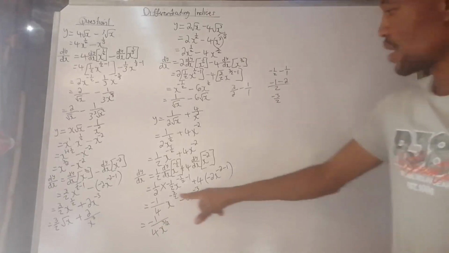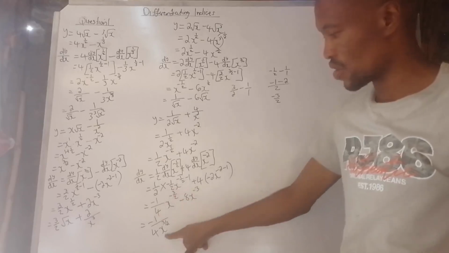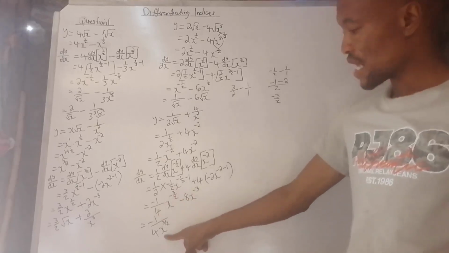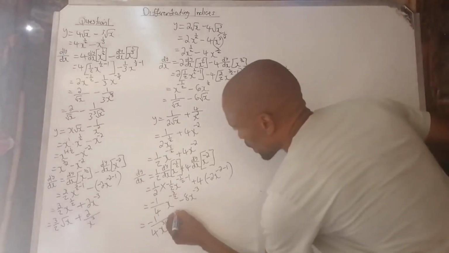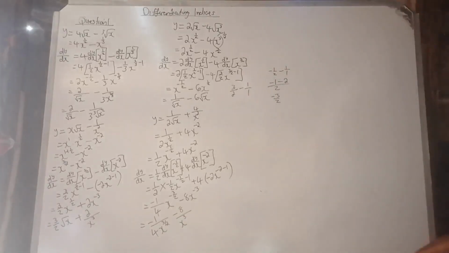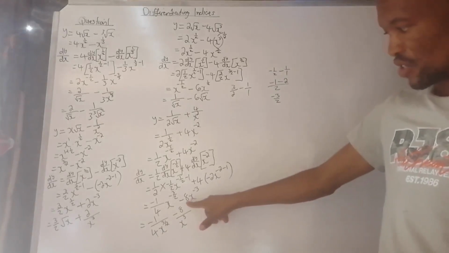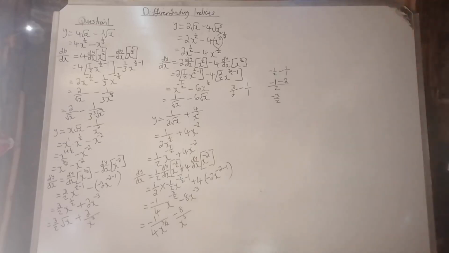Very important. Negative 1 over 4 as a denominator. Bringing this to the denominator, the exponent becomes positive. And a negative 8 over x to the exponent of 3. I have my negative 8 as a numerator. This becomes the denominator.